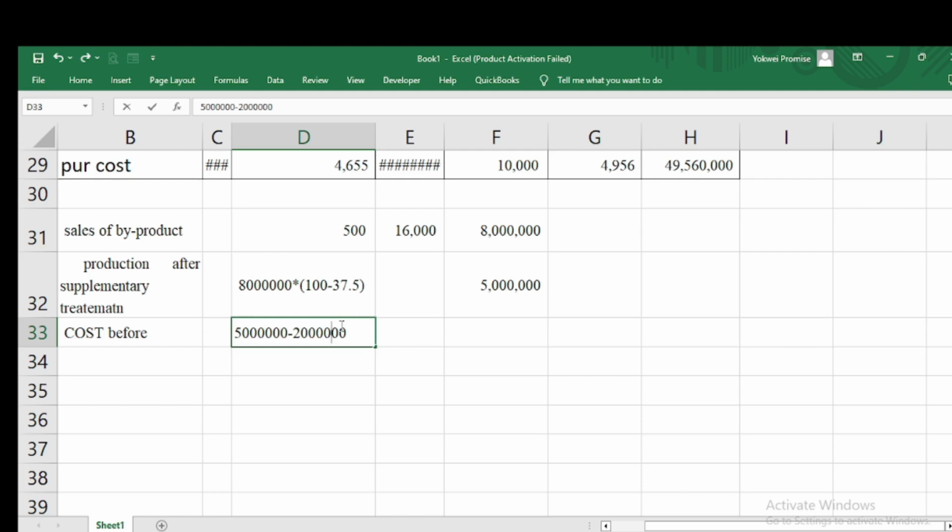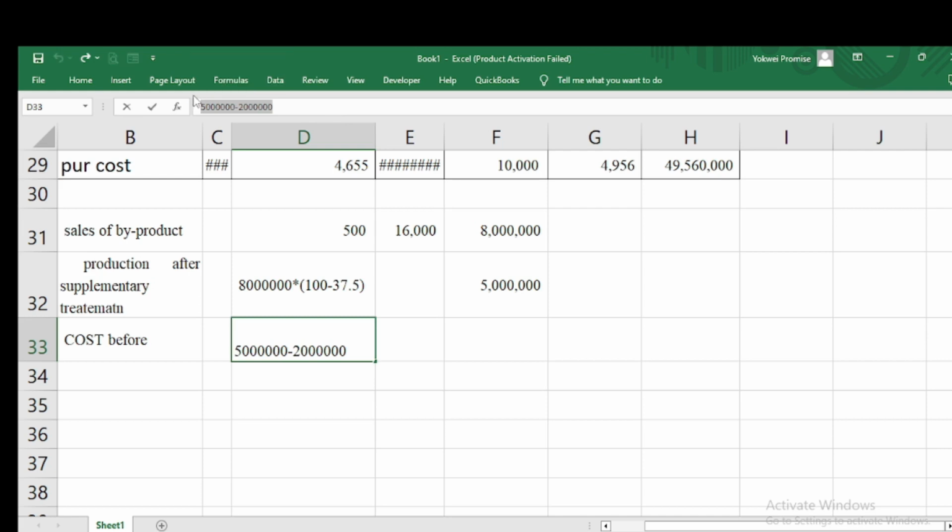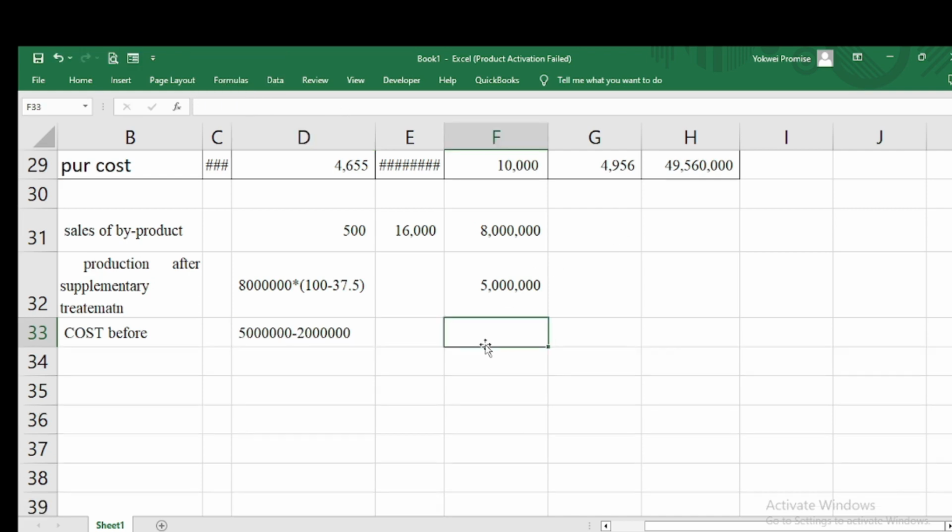Minus 2 million, which is equal to, okay, this minus this, which is going to be 3 million.